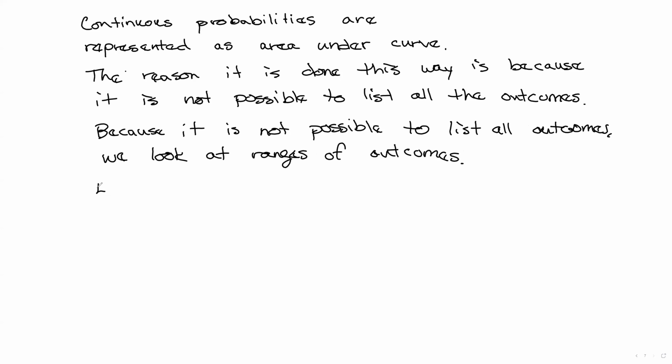And then, so it's just a quick example here. So suppose we are looking at wait times at a coffee shop. What we would look at is the probability that someone has a range of times for how long they would have to wait, such as, for example, less than 2 minutes.